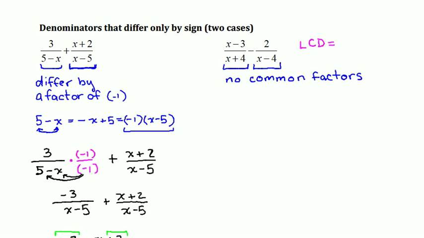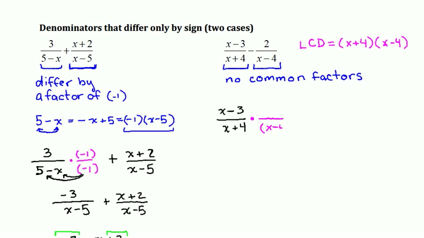x plus 4 times x minus 4. This problem will get a little bit heavier computationally, but not too bad. So we have x minus 3 over x plus 4, and I am missing the factor x minus 4, which is in my LCD but is not in the denominator of this.